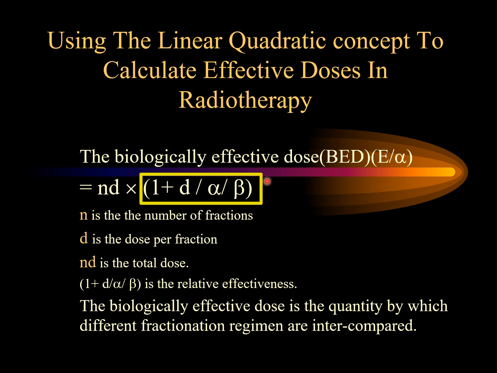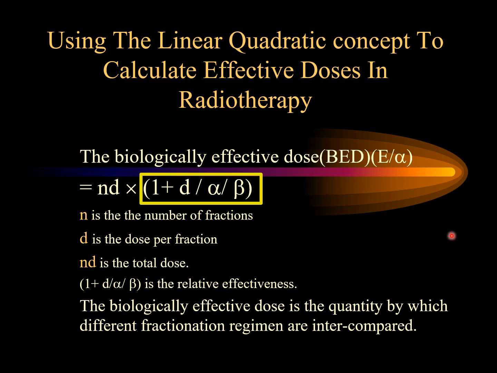We are looking at the actual effect, taking into consideration the tissue we are irradiating. Again, repeat with me, the BED equals ND multiplied by 1 plus D over the alpha beta ratio. You have to repeat it and repeat it and repeat it till you put it in your mind. You have to know it by heart, please.